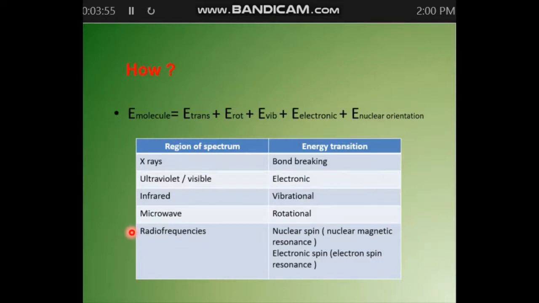The table here shows how different electromagnetic radiations are responsible for different energy transitions within a molecule. Since we are using infrared light, it causes molecular vibrations in the molecule. And this is the reason why IR spectra are also called vibrational spectra.